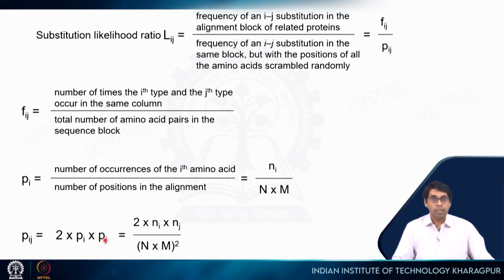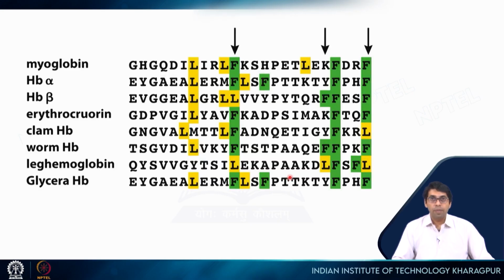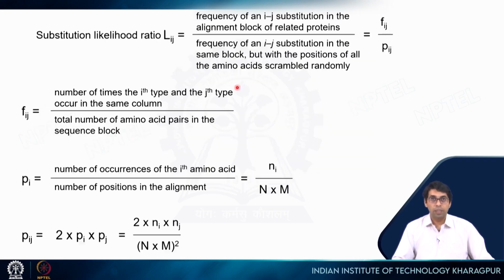So, what is this Pi or Pj? This I will calculate as the number of occurrences of the ith amino acid divided by the number of positions in the alignment. Okay. So, how many times the amino acid shows up divided by the total number of positions in the alignment.